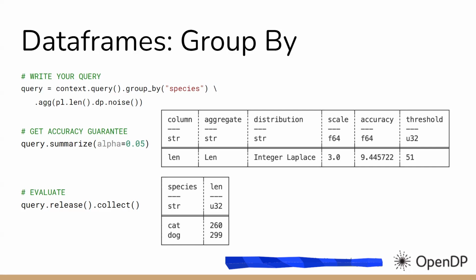Since we know what the noise scale is, we can determine what the tail bound is and find the threshold parameter that makes it so that the overall query will satisfy a given delta privacy guarantee. So it's just working those things out for you, so you don't have to bother. There are also ways that you can set the threshold manually and figure out the delta for that.